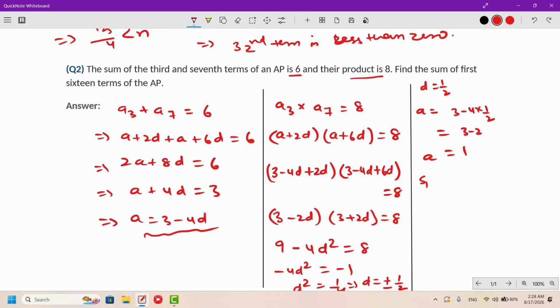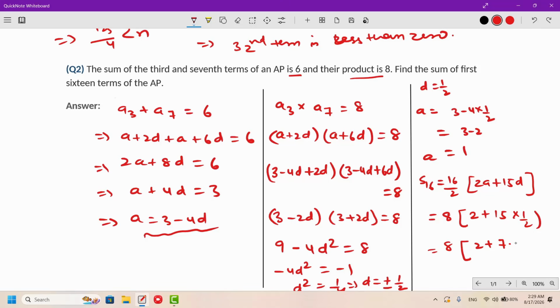So S16 we need to find out, that is 16 by 2 into (2a plus 15d), according to the sum of n terms. That is 8 into (2a, 2 into 1 is 2, and 15 into 1 by 2), that is 8 into (2 plus 15 by 2, which is 7.5), so 9.5.